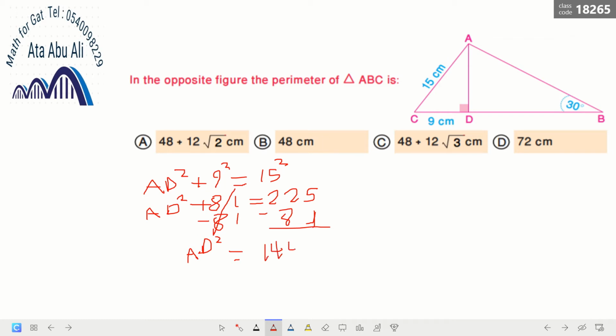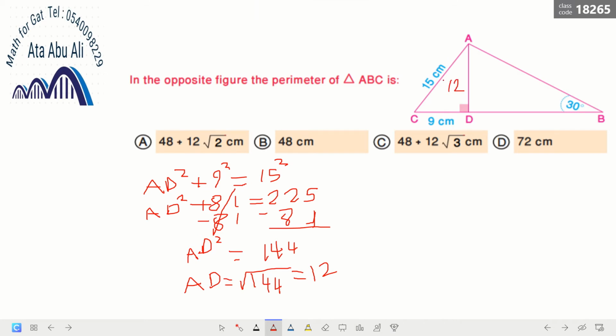Now we have to take the square root of both sides. That means AD is equal to the positive square root because it's a length. I don't need to take the negative square root. So the square root of 144 is 12. So here AD is equal to 12.